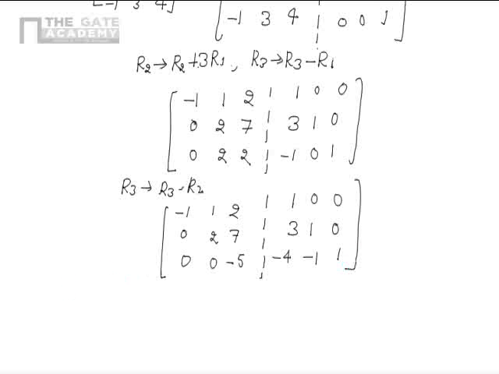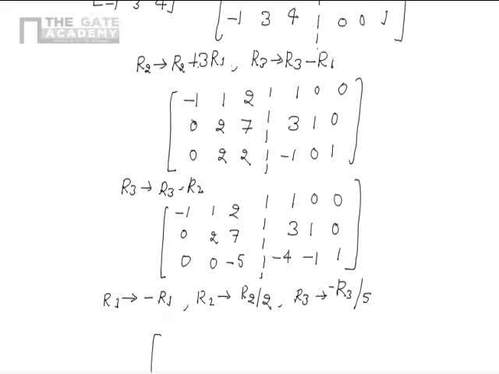So now I have all three zeros here. I need to make three zeros here also. So again, I will be applying row operations. R1, I'm multiplying by the scalar -1 to make it positive, because in the unit matrix I need a positive one here. The second thing, R2 is R2 divided by 2, then I'll get 1 here. The third is R3 becomes minus R3 by 5, in order to make this 1.